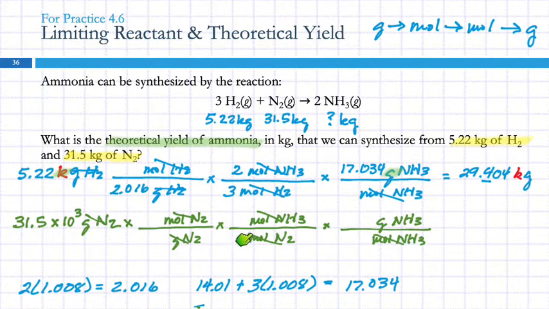Again, the mole ratios come from the balanced chemical equation. 2 moles of ammonia, so there's a 2 in front of NH3. And 1 mole of nitrogen, so there's a 1 in front of nitrogen. The molar mass of ammonia has not changed in the last few minutes, so that's still 17.034. And then this one is 2 times the mass of nitrogen, which would be 28.02. So this is going to get us to grams.